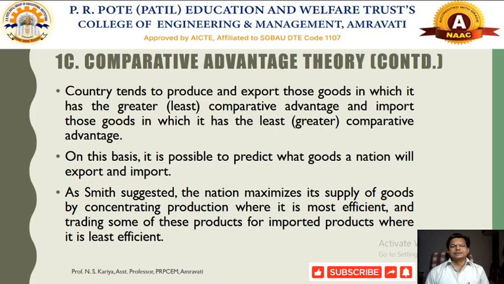Each country tries to build its own production capabilities so that it can maximize the supply of these goods and services and export very easily. If they are not producing particular goods or services where their production capabilities are least efficient, in that case they will import the goods, and both need to conduct international trade.